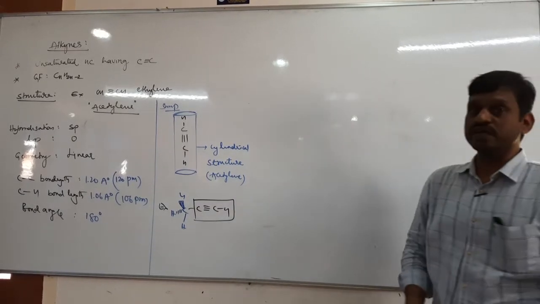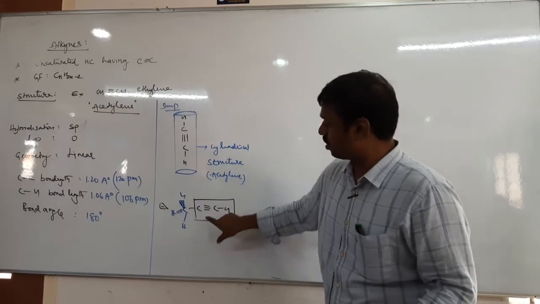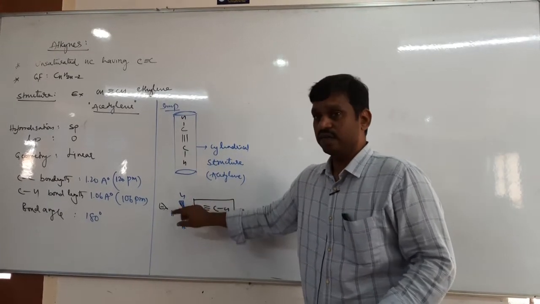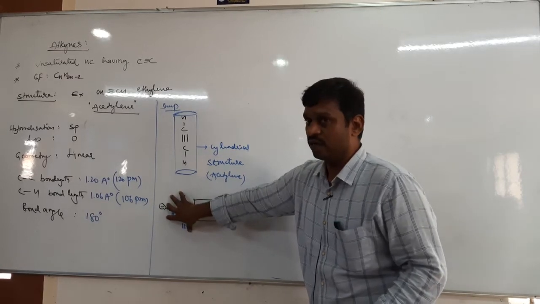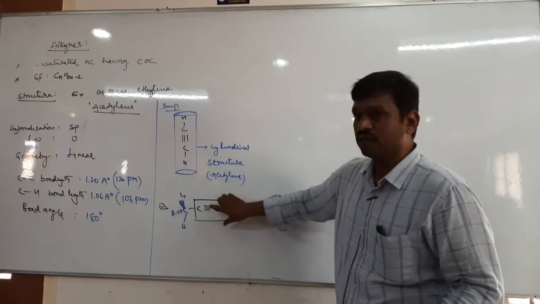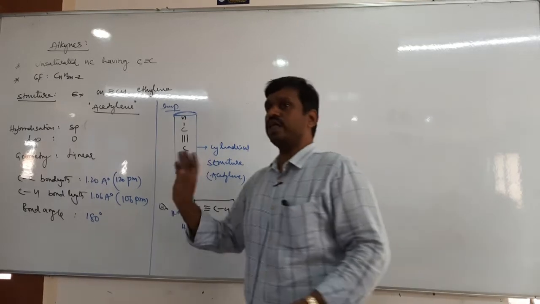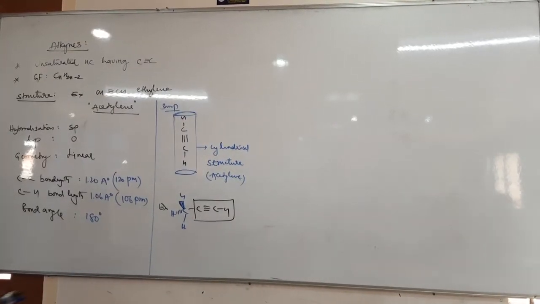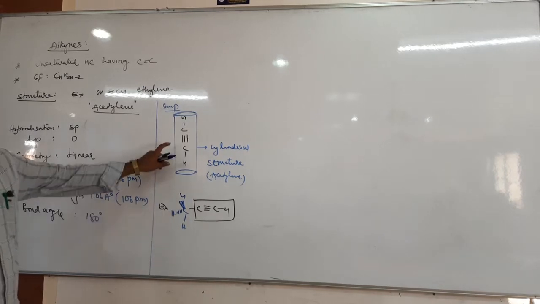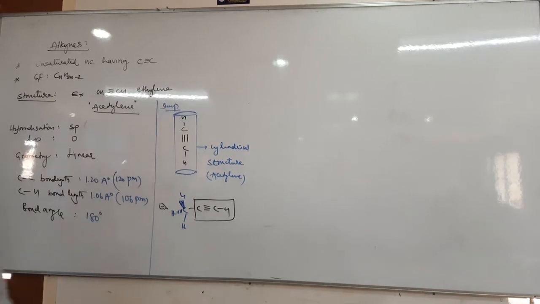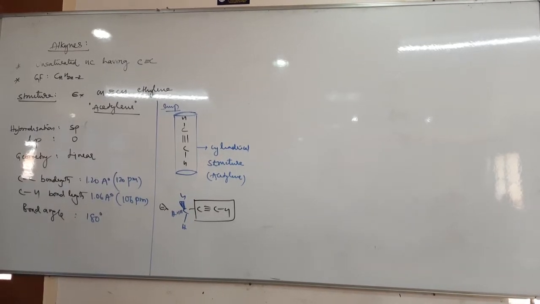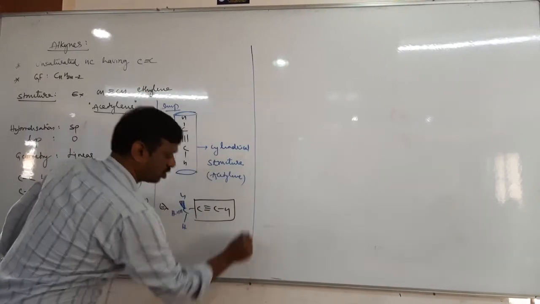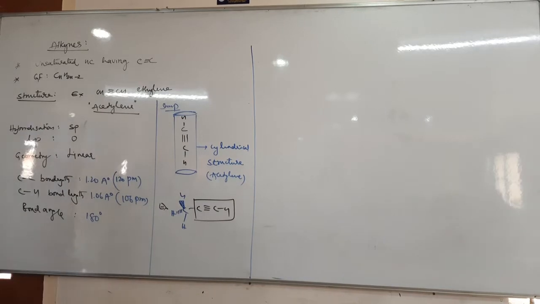You can say the molecule is linear; you cannot say it is tetrahedral. This part is tetrahedral but the remaining part is linear. Therefore it is called linear only, not tetrahedral. So cylindrical structure is only for acetylene. Okay, so this is about the structure of alkyne.